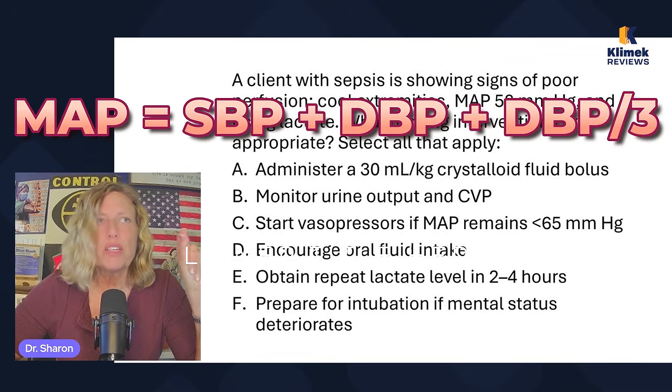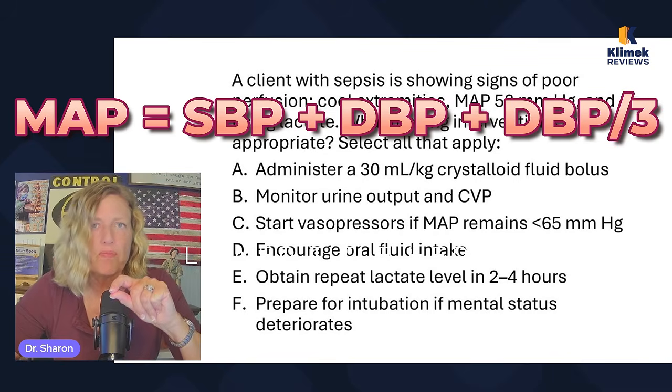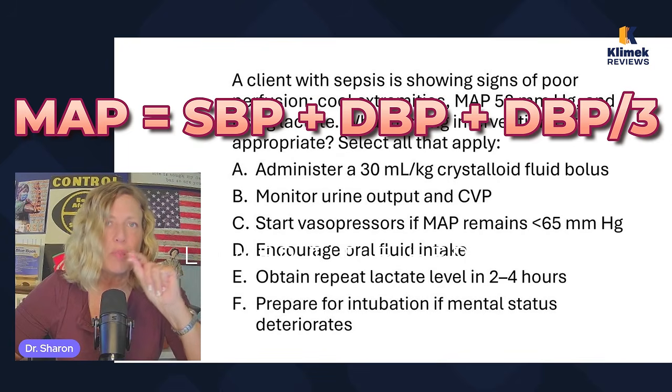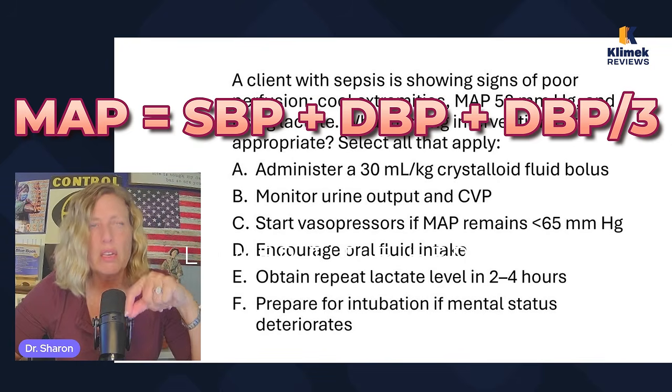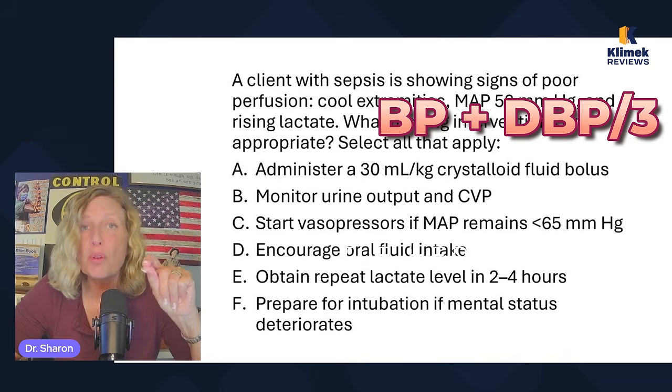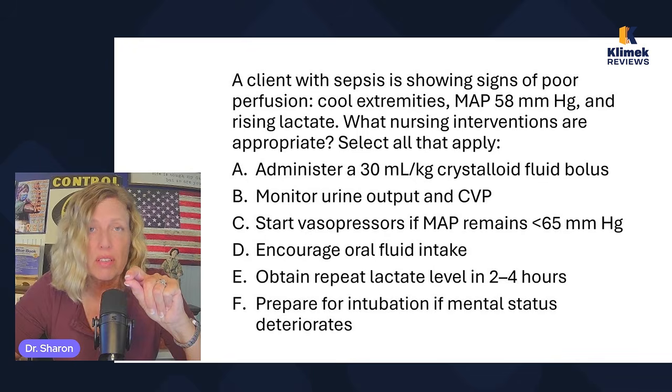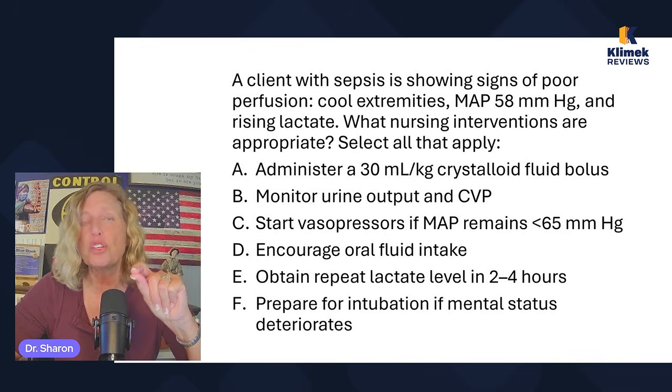So let's say the blood pressure is 100 over 50. So it'd be 100 plus 50 divided by 3. So that's 200 divided by 3, which is like 66 or something like that. So MAP is supposed to be over 65 to ensure good perfusion.